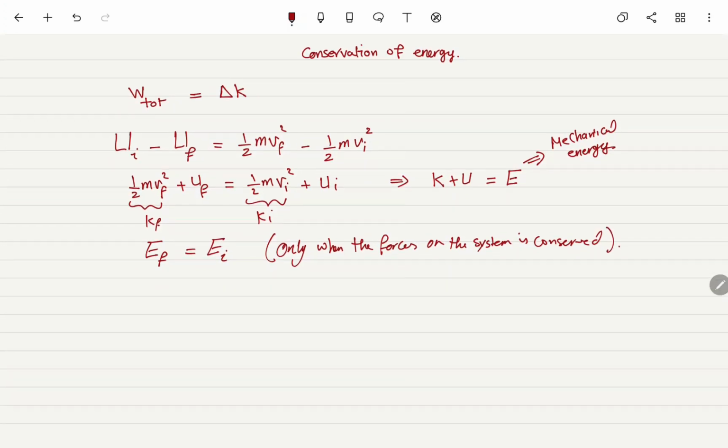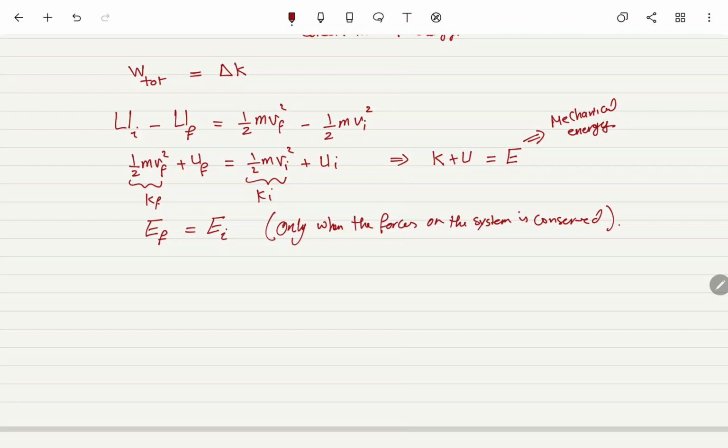But if we have forces other than conservative ones, like frictional forces or external forces, in this case let's see, the work total equals delta K. In simple words, we use this equation if we have conservative forces. If we have external forces or frictional forces, we use this main rule.